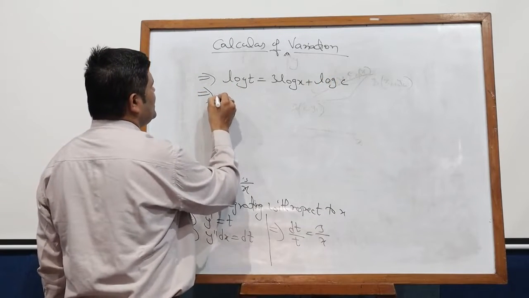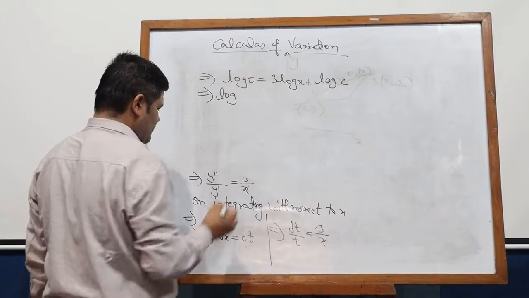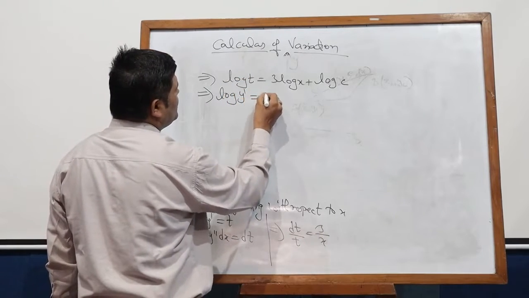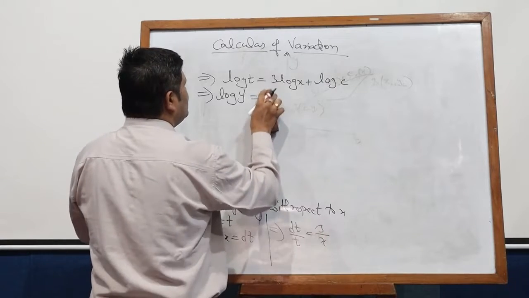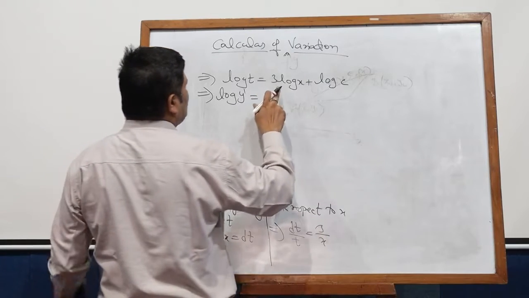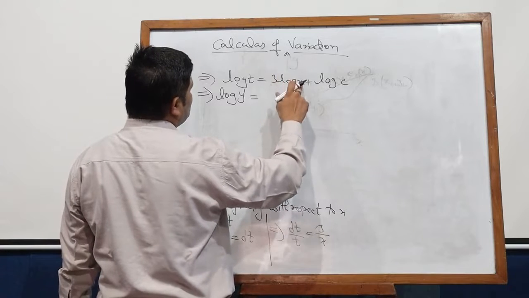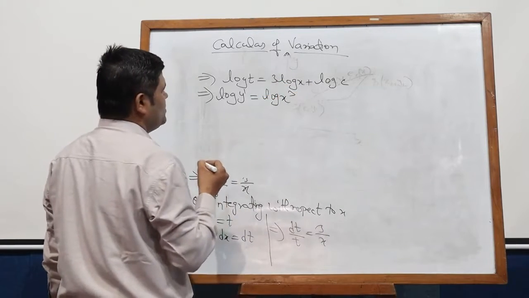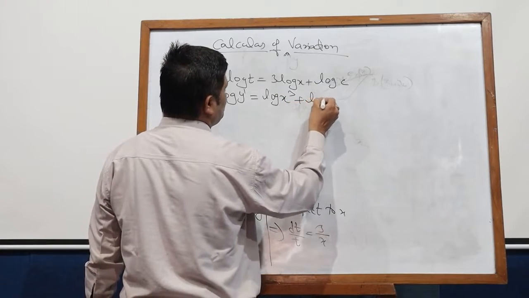Okay, now we solve this. We put the value of t, here t is y dash, so log y dash equals 3 log x plus log c. By the property of log, if there is something in front of the log then it comes as a power, so log x cube plus log c.